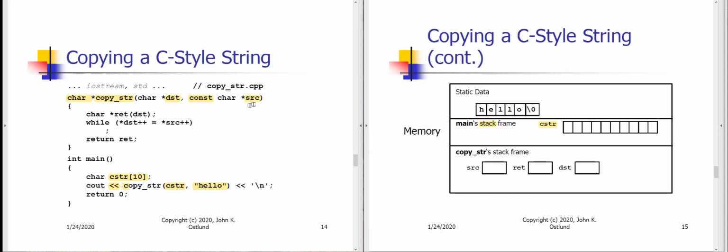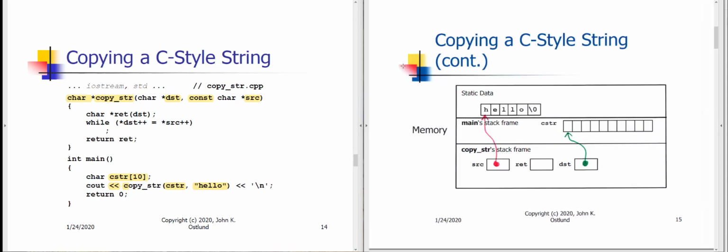All right, so that's what happens first: copystir gets called, its parameter variables and its local variable get created in the stack frame for copystir. The parameters are immediately initialized, and so what we have now is this situation. The dest pointer points to the first char in CStir. The source pointer points to the first char in hello.